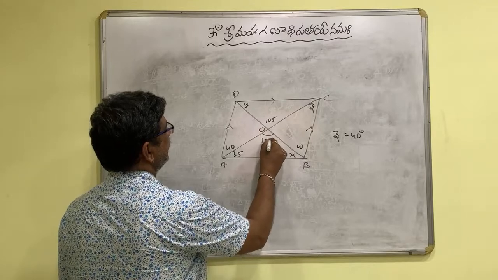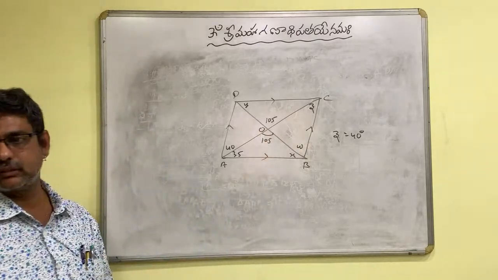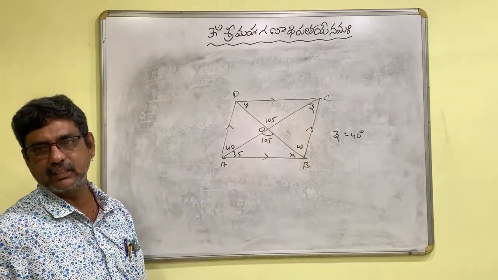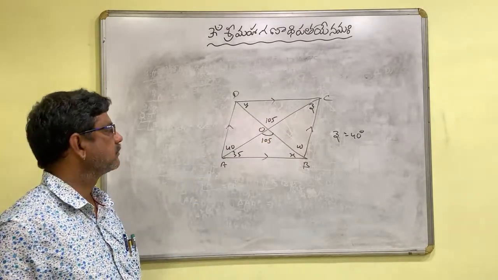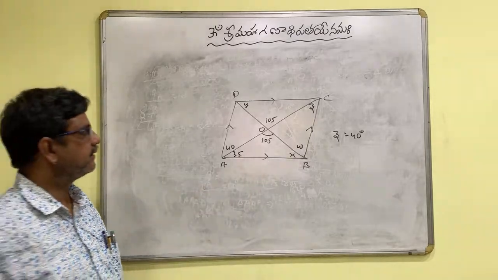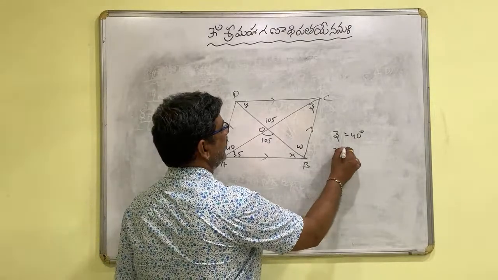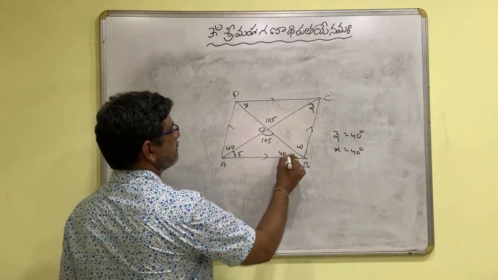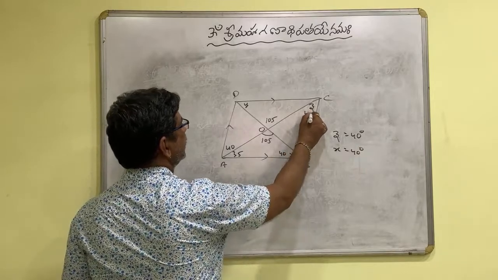This is 105 degrees, vertically opposite angles. So 105 plus 35 is 140. Then X is 40 degrees. This is 40, this is 40.